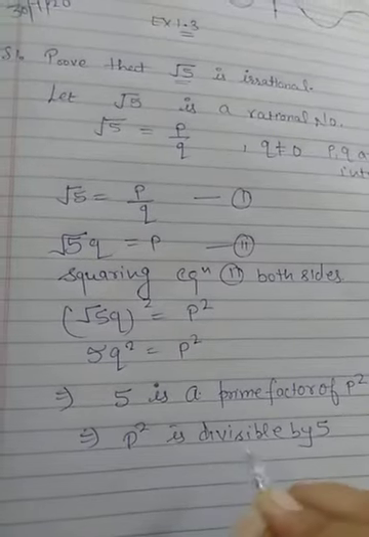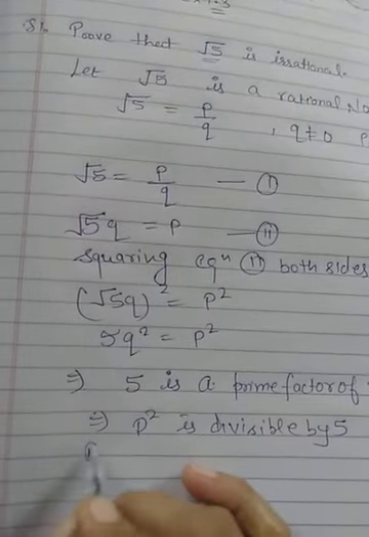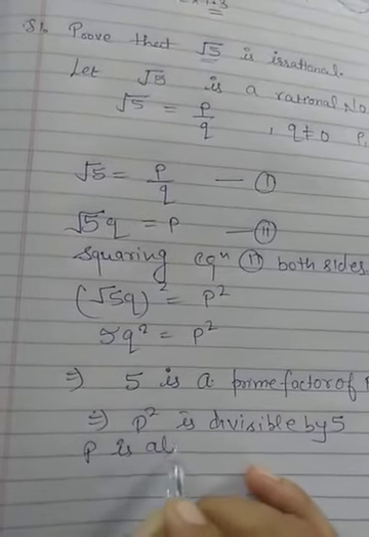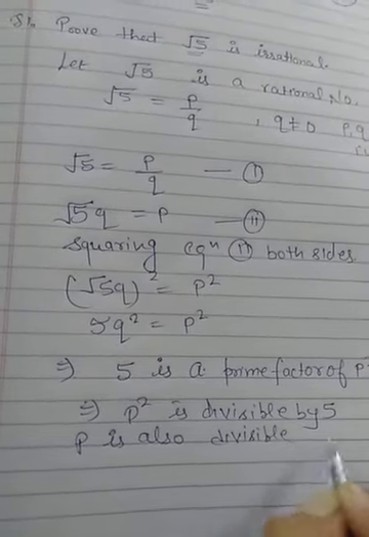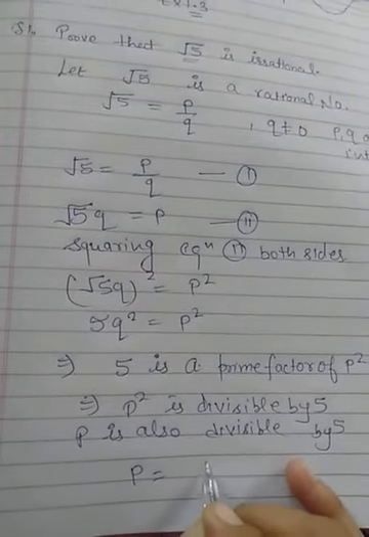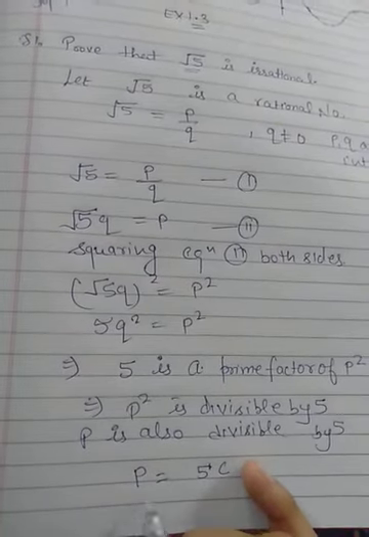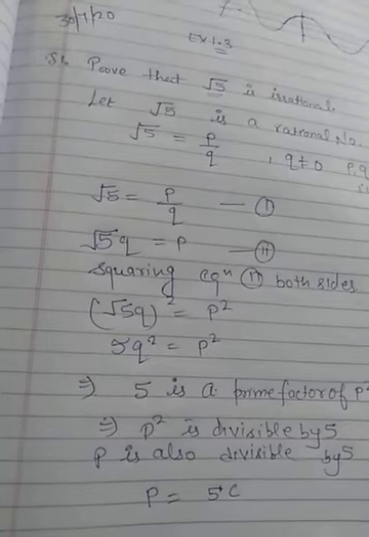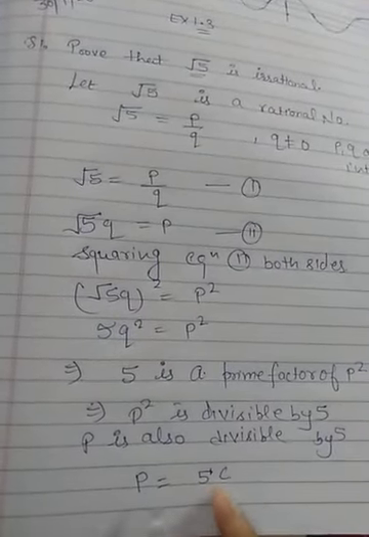And if p square is divisible by 5, then the fundamental theorem of arithmetic says p is also divisible by 5. And if p is divisible by 5, then p is equal to 5c, because when 5 divides p we get c as quotient and remainder 0. Okay, so p is equal to 5c.